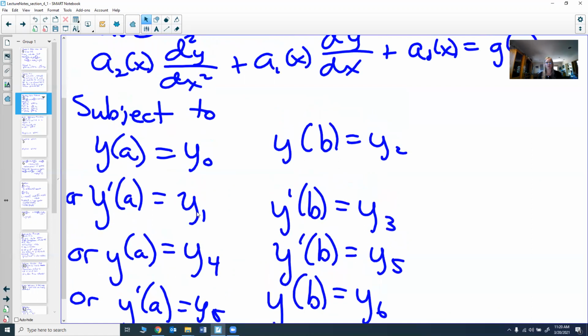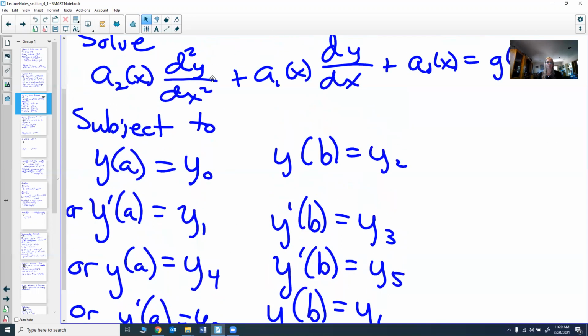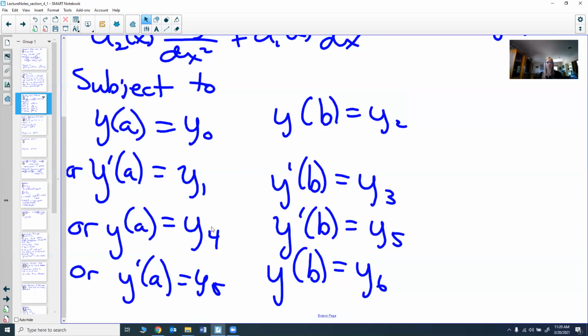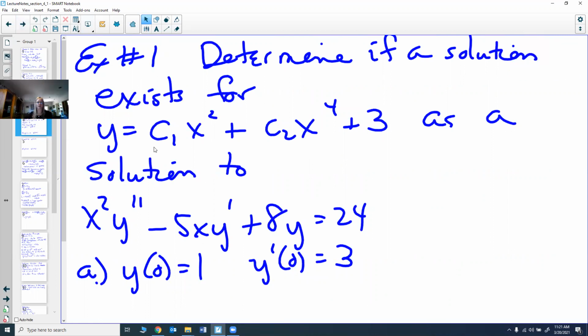A second order equation will have at most y and y prime. It will not have a y double prime. So second order will only go up to y prime in those boundary conditions.